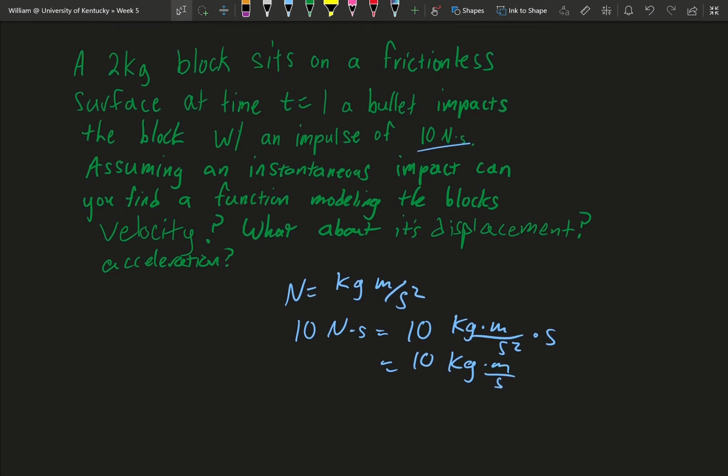From this, if we divide by 2 kilograms, we see that the final velocity of the block has to be 5 meters per second.